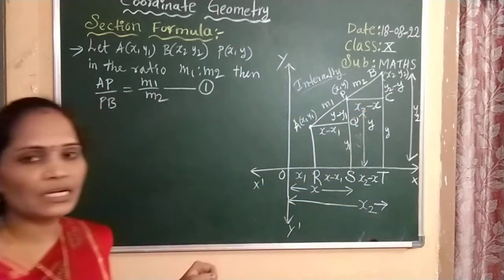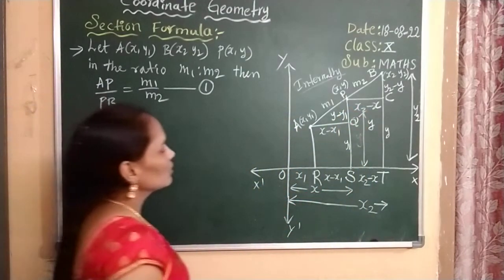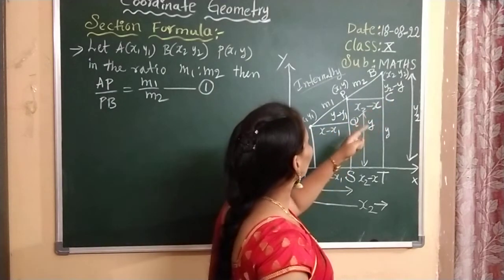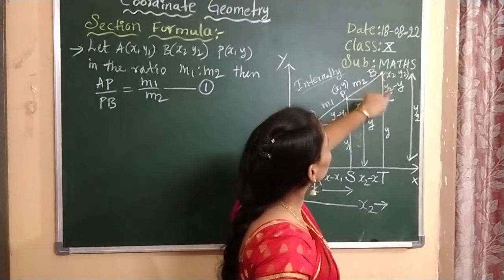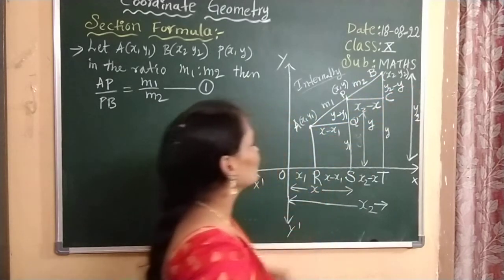So PQ is y minus y1. PC you will get x2 minus x, and BC you will get y2 minus y.